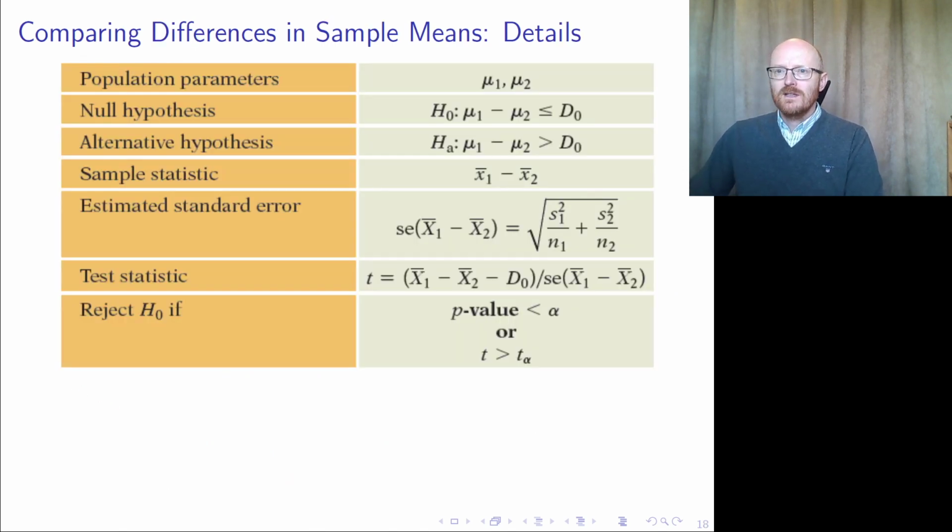So what can we say about comparing differences? Well, you have the population parameter. These are the observables, and this is the mean, or the average, the population average.